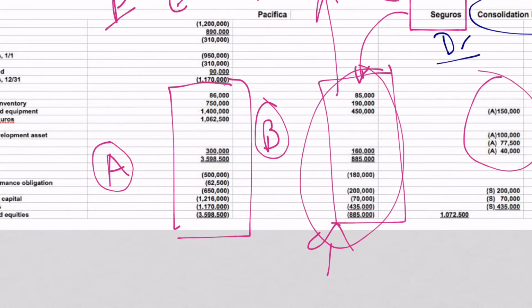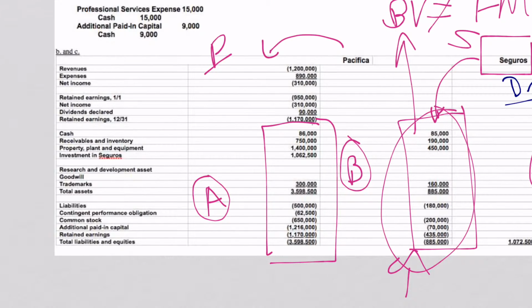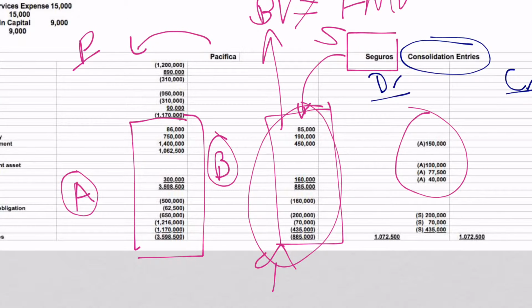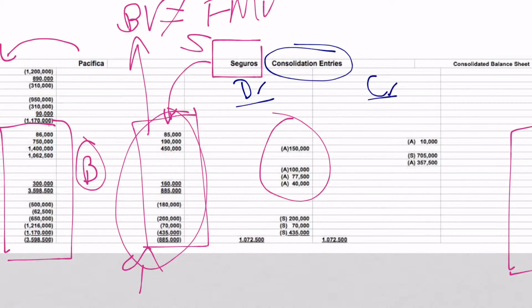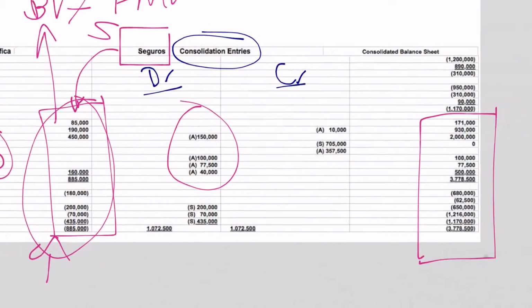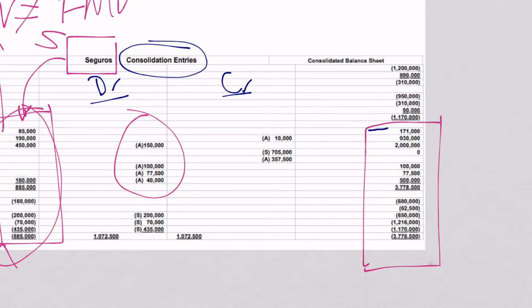So if we're taking cash, for example, 86 plus 85, a debit would add more, a credit would take away cash. There's nothing there because cash is cash, so it just adds across for the 171. You're done with cash.